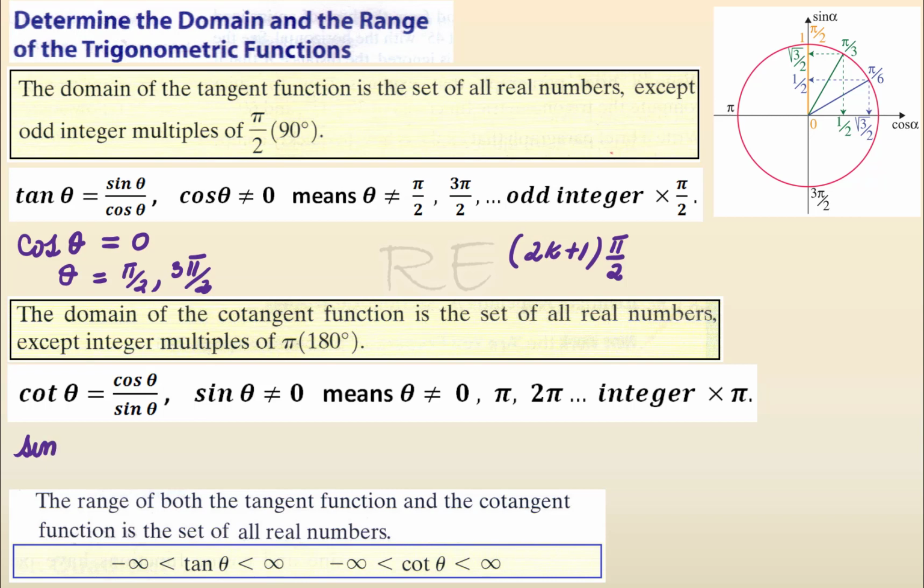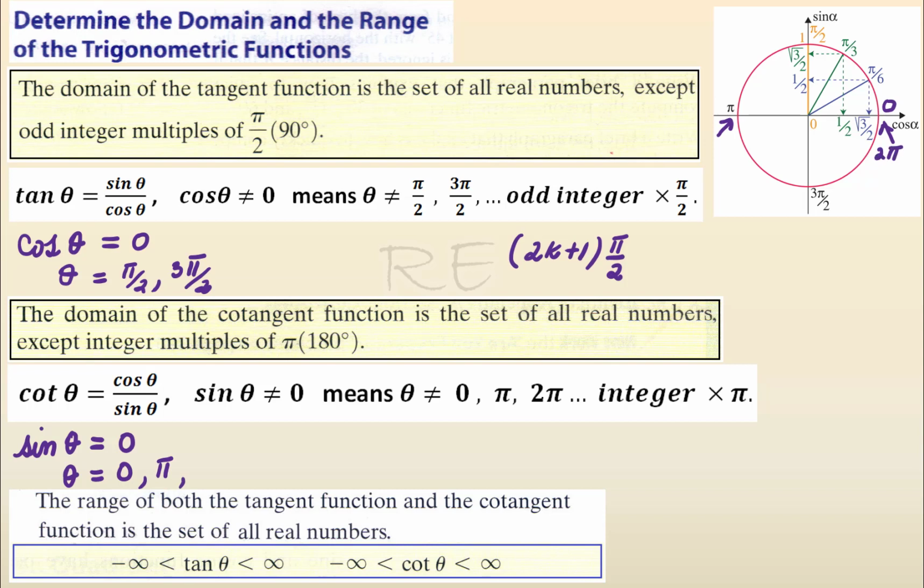Cotangent theta is cosine theta over sine theta. Sine theta, the denominator, cannot be 0. If we set it equal to 0, then theta is equal to 0, pi, or 2 pi.